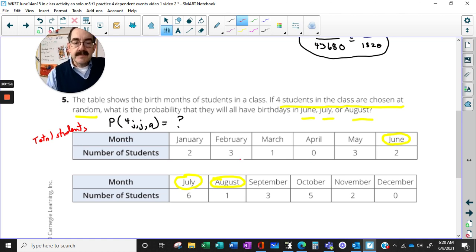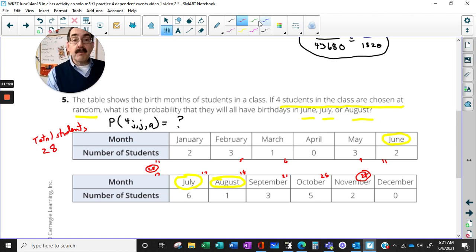Okay, 2 plus 3 is 5, 6, 7, 8, 9, 10, 11, 11 and 6, 17, 18, 19, 20, 21, 26, 28. Did you guys get 28? Do I need to do that again? 7, 10, 17. 17 down here, and 11 there is 28. Okay, I got the same number twice. 28, 28. So we have 28 total students.